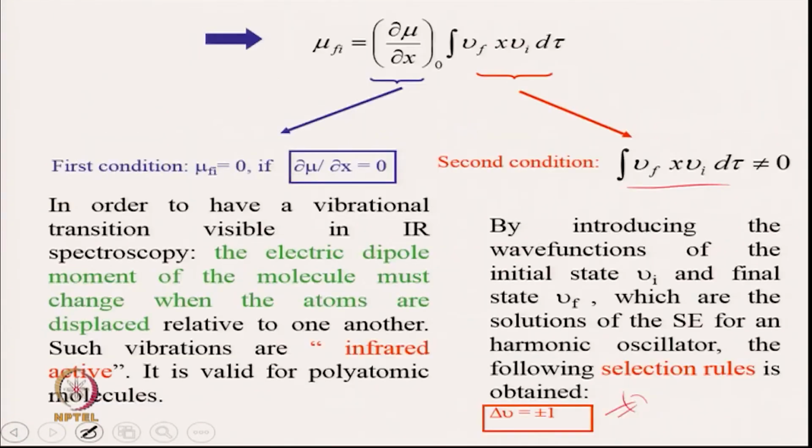Now, again, one thing we must keep in mind is that your intensity is proportional to this quantity, mu Fi square. So your intensity will depend on the square of this.